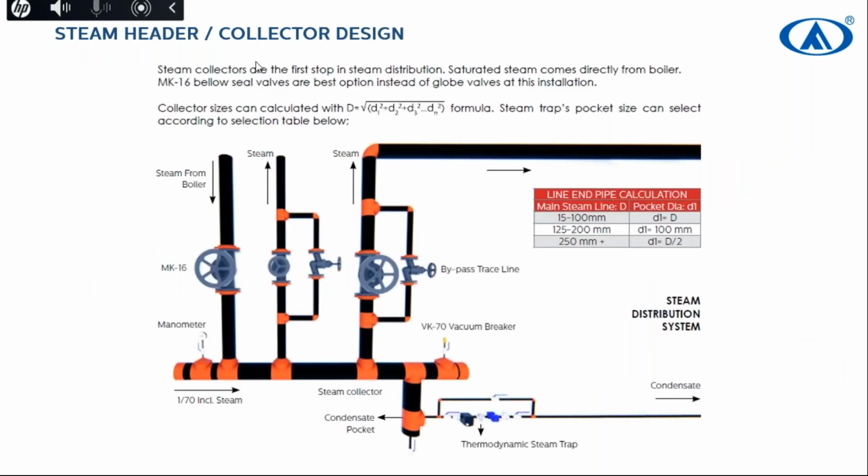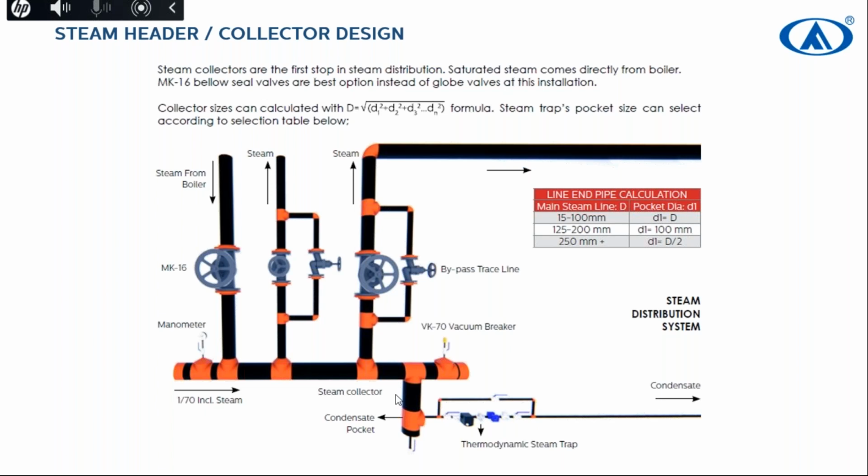Steam header and collector design. We will continue with steam header and collector design. The steam header's condensate pocket should be the same as the steam header's main body size, from DN15 to DN100. But from DN125 to 200, it should be 100 millimeter. Above 250 millimeter, it should be half of it.